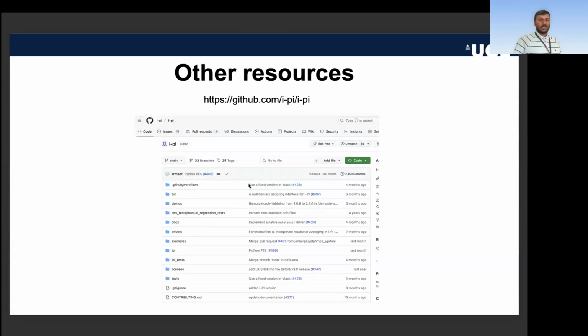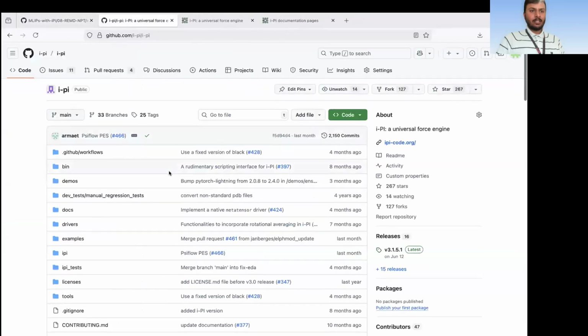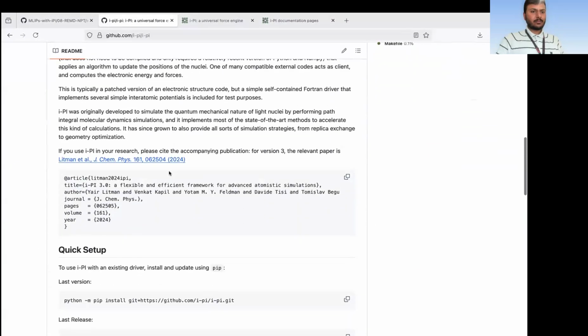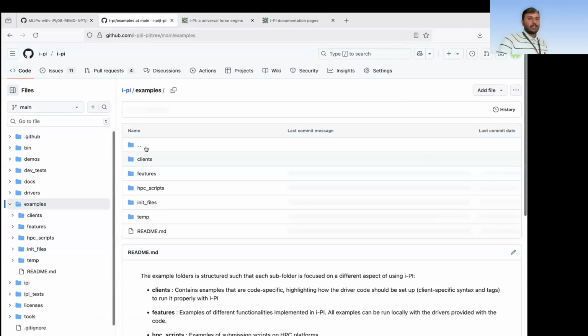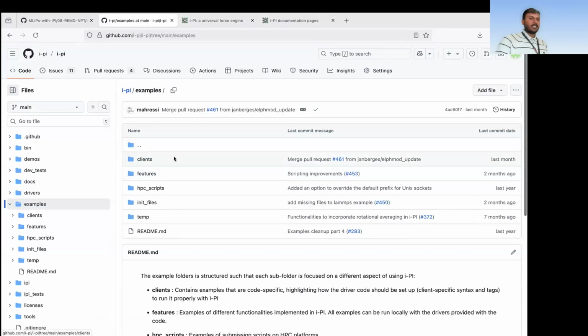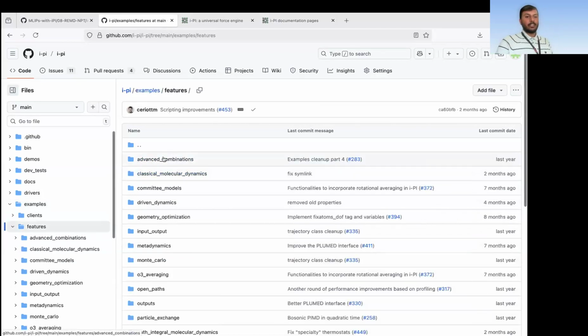Again, if you go to the GitHub repository of i-PI, you'll see many things. Mainly two things that I want to show you. One of them is the examples directory, where we have separated the examples with respect to how to run with different clients, but also with respect to different features.